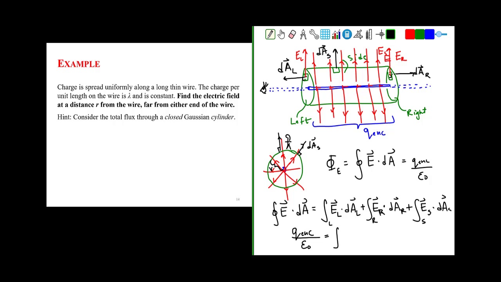If we look at the electric flux through the left cap of the cylinder, this would be equal to the magnitude of the electric field through the left cap times the magnitude of the area vector through the left cap times the cosine of the angle that the electric field makes with the area vector through the left cap. This is from one of our versions of the dot product.